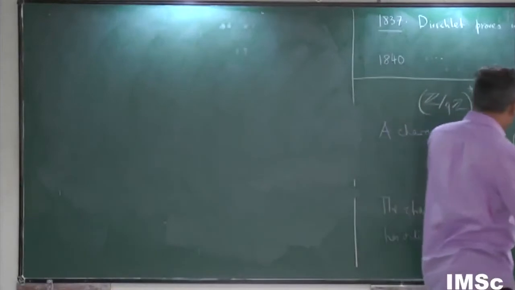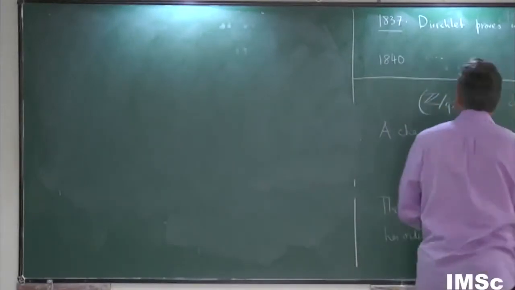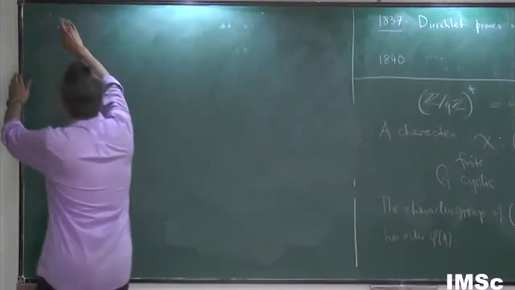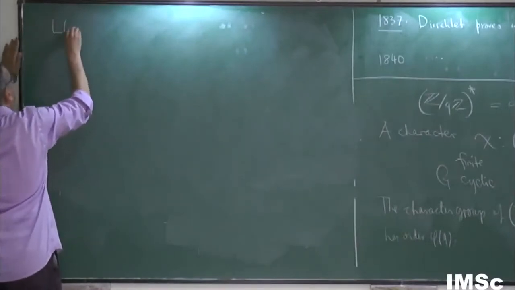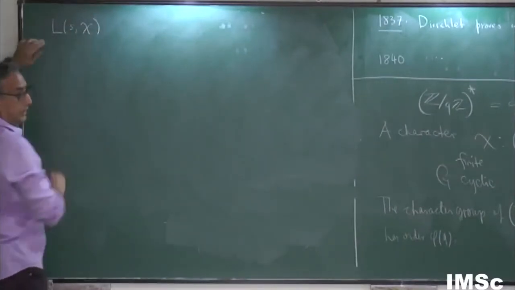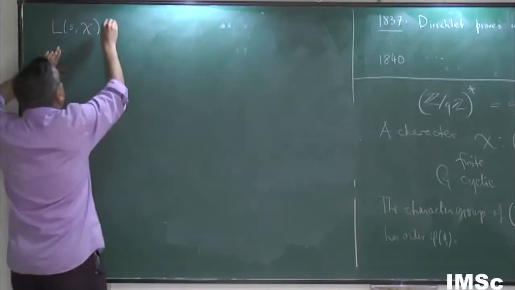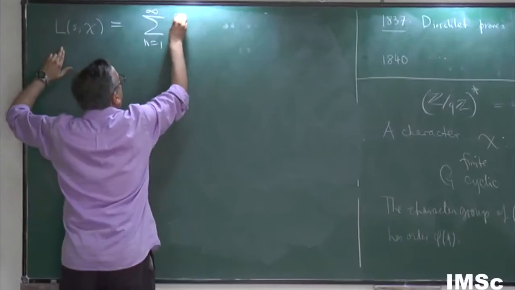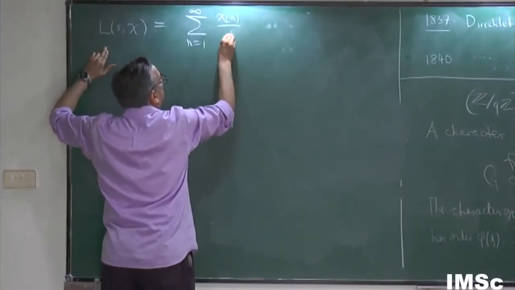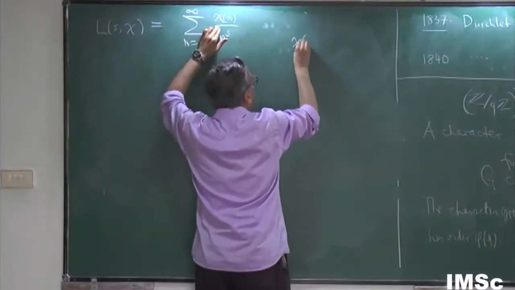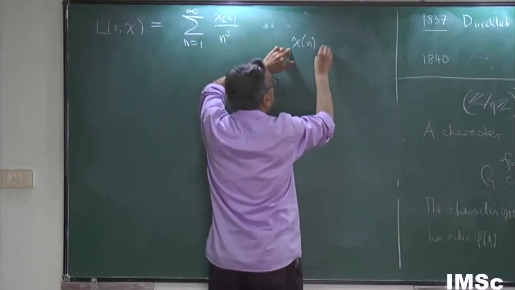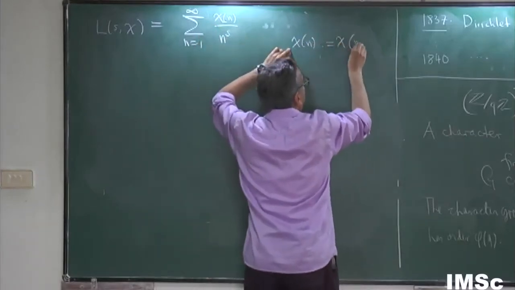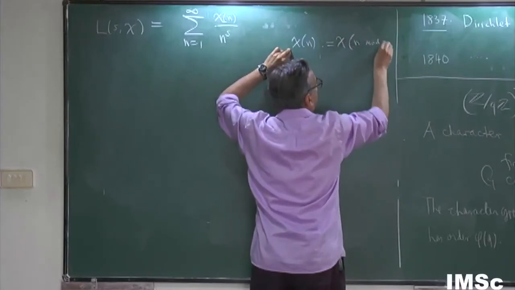So for each character, which is one of these objects, you can define what is called now L(s, chi), the Dirichlet L function, which would be the summation n going from 1 to infinity, chi of n over n to the s, where I interpret chi of n as chi of n mod q.